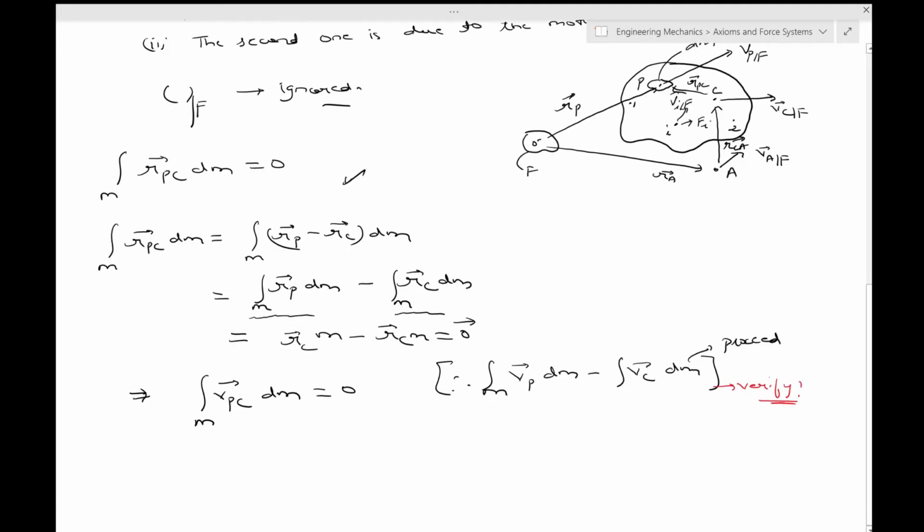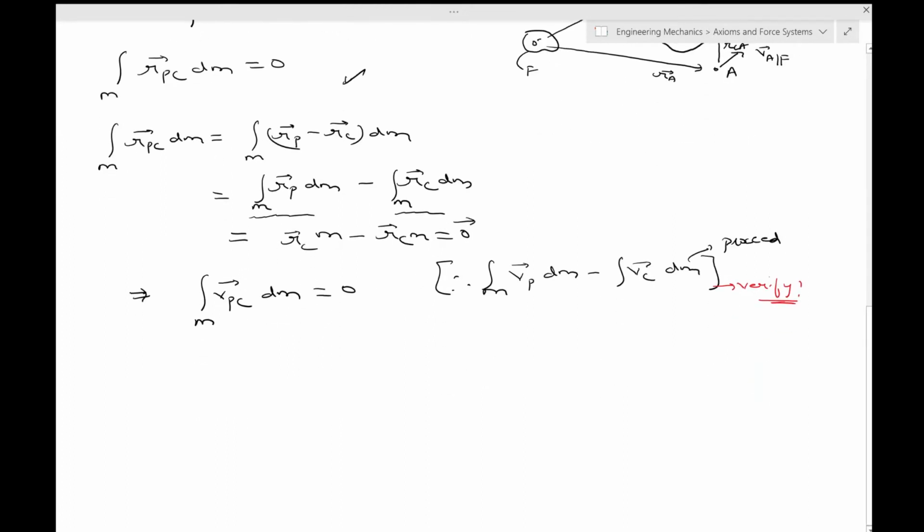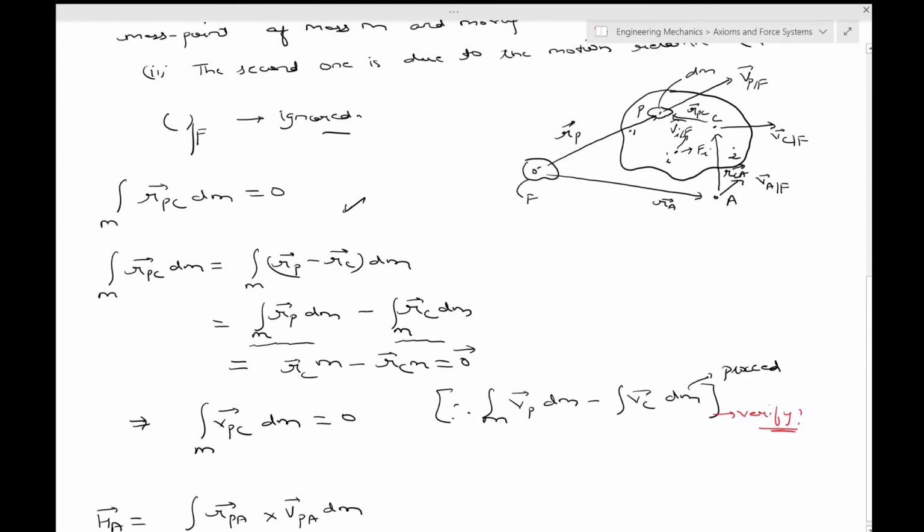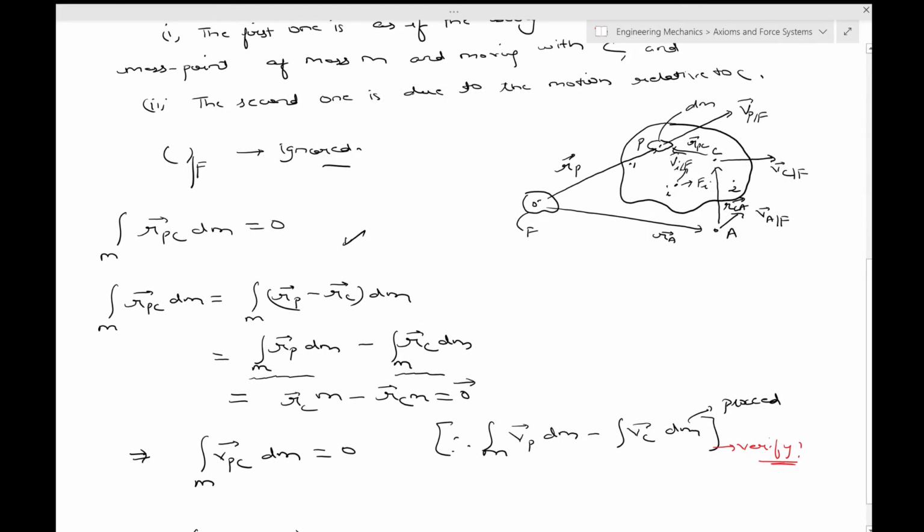Now let's try to write the moment of momentum about A. So H_A would have its contribution R_PA cross V_PA dm. So R_PA is a vector over here.